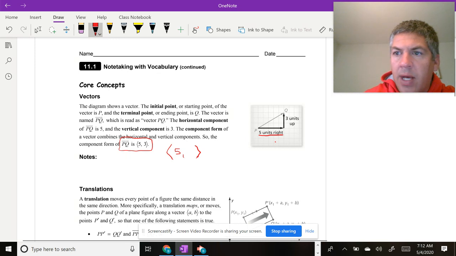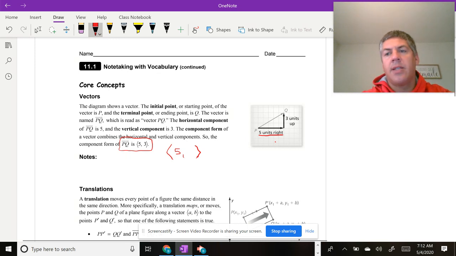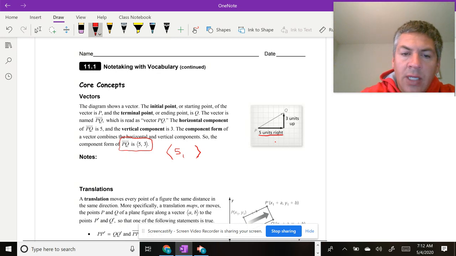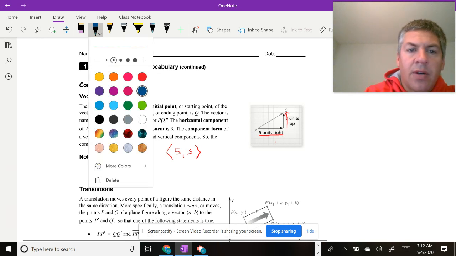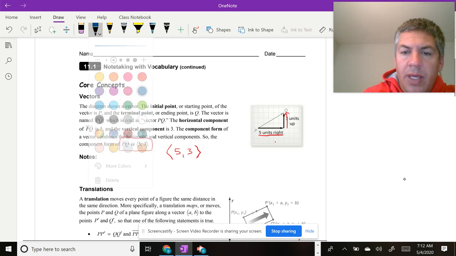Right obviously is positive, left obviously then is negative. And then the second component is how many units the point moved up or down, depending if it's positive or negative again.